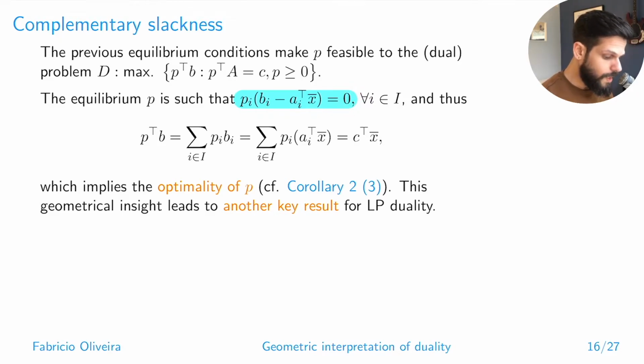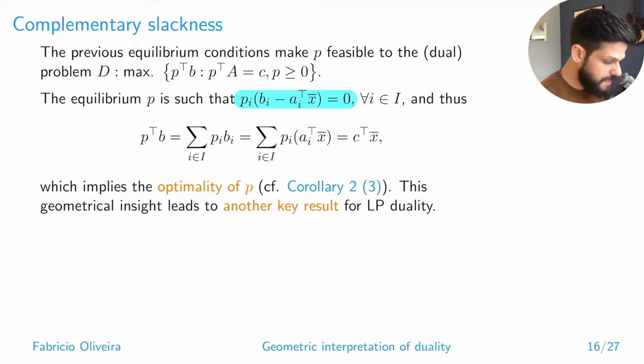Now, for all the other constraints that are not active, where this term differs from this, in order to guarantee that equilibrium, the value of the coefficient P becomes 0. So complementary slackness means that you either have a slack and then P is 0, or if you have no slack, then P can take a value different than 0.